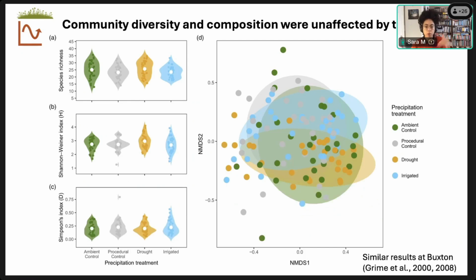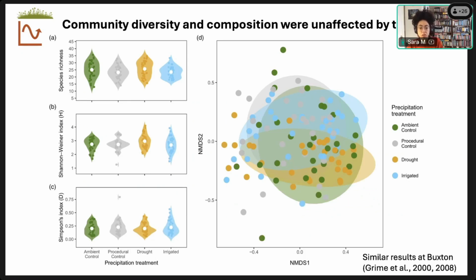We're now going to composition. We can see that there isn't really a difference here. We're looking at different measures of diversity: species richness, Shannon-Weiner index, and Simpson's index along the side. You can see they're all behaving pretty similarly across the treatments. And this is resistant despite declines in grasses and legumes.